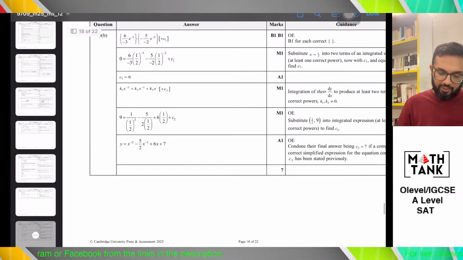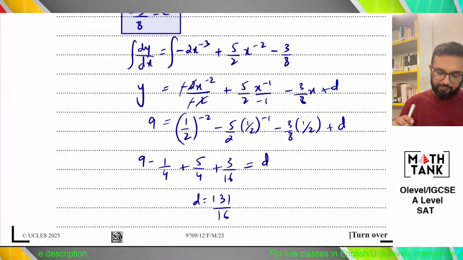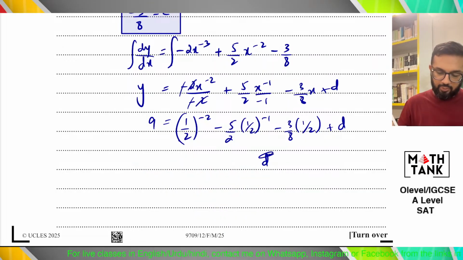Oh, I've messed up some calculations here, I think. Oh, that's half power minus 2. That has to be 4. It's also half power minus 1.